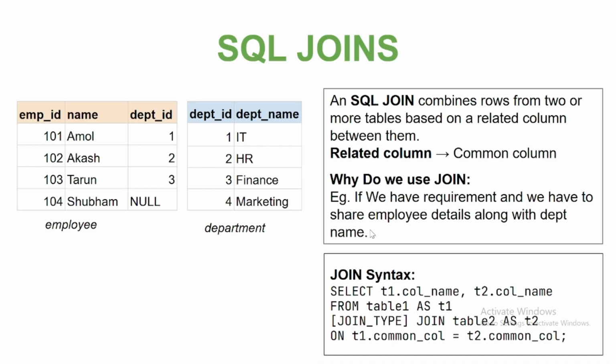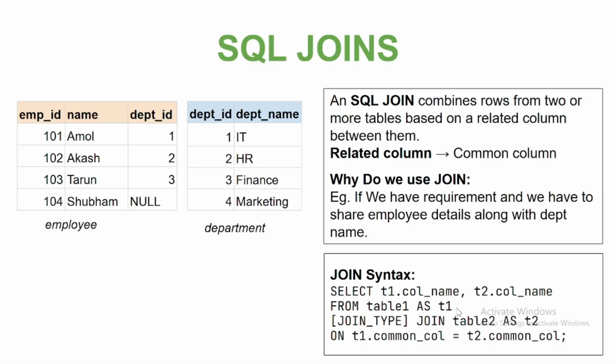Now how can we use joins? What is the join syntax? Yes, this is the join syntax, guys. First we have to write a select statement. Inside that, you give column names from table 1 and table 2. Like t1 means table 1 alias, we have used t1 dot column names, and then t2 dot column name. From, you will give table 1, your left table, as t1, the alias for the table.